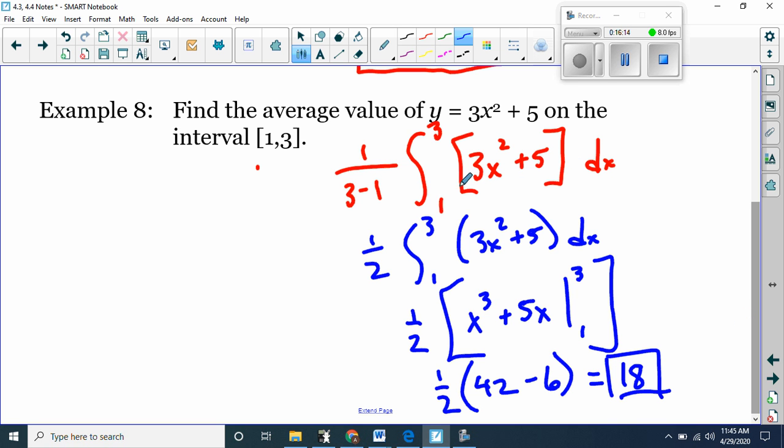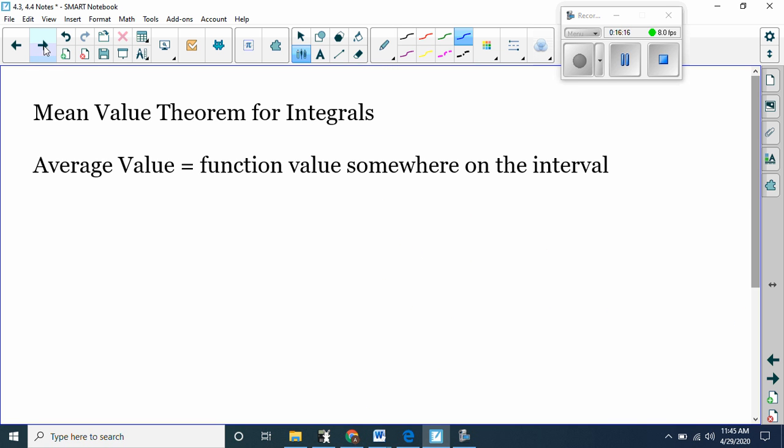And then the last thing is the mean value theorem for integrals. All that says is the average value of a function is equal to its function value somewhere on the interval.